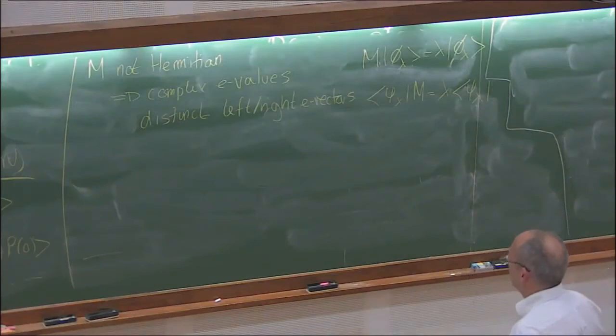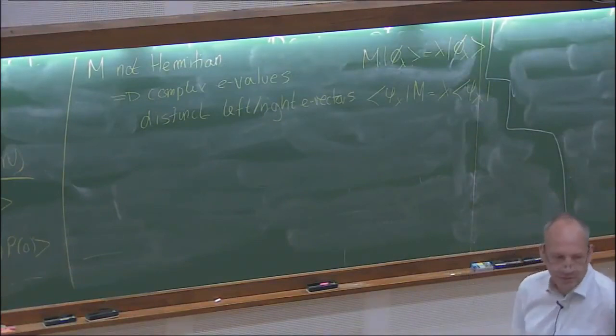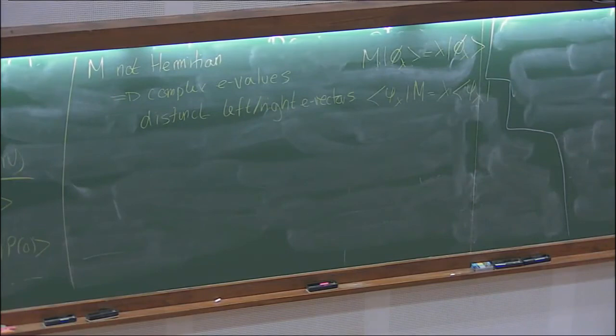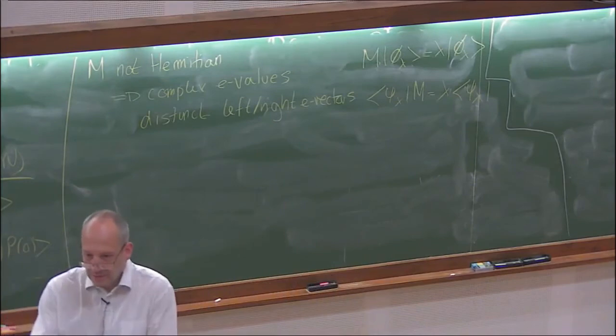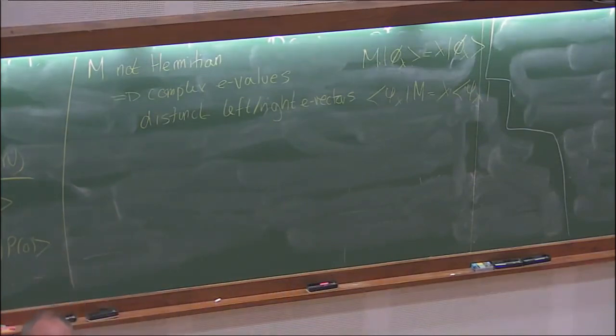So then you might be a bit concerned we've got distinct right and left eigenvectors, but you retain an orthogonality property, which is nice. Usually in quantum mechanics, if you have a Hermitian matrix, you have orthogonality of the eigenvectors. Here, you have something called bi-orthogonality.